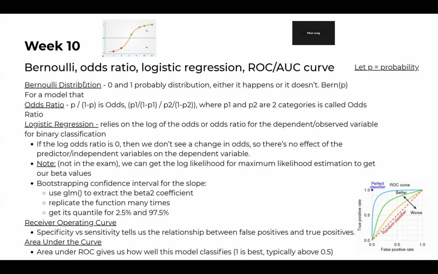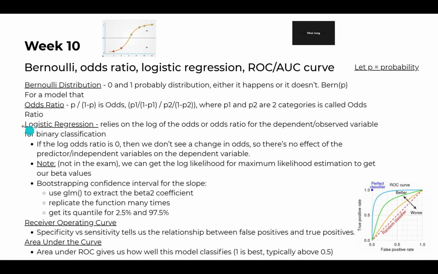And for a model that can predict these kinds of decisions, we can use odds ratios. So p over 1 minus p is odds. That's not to be confused with the actual odds ratio, which is taking two samples and having the odds of the first sample divided by the odds of the second sample. So that is odds ratio.